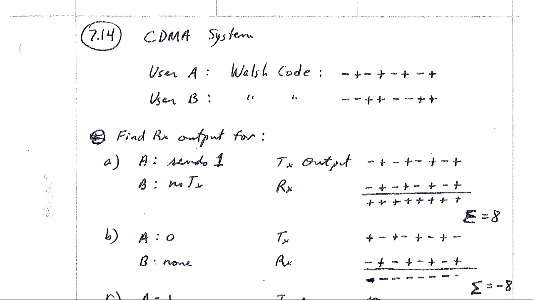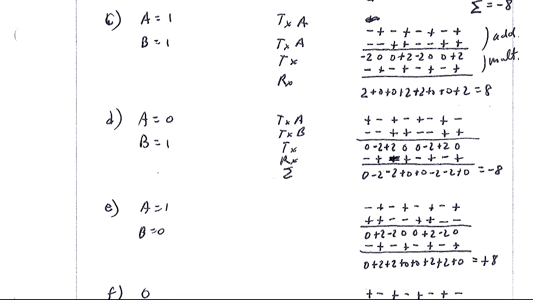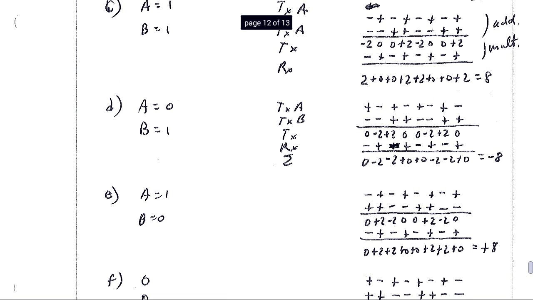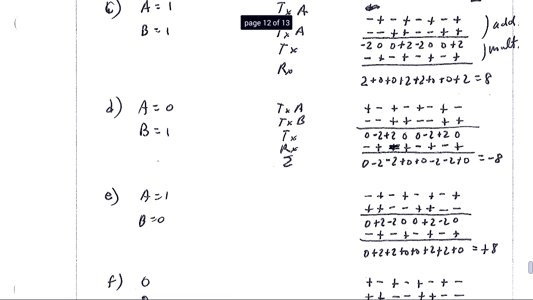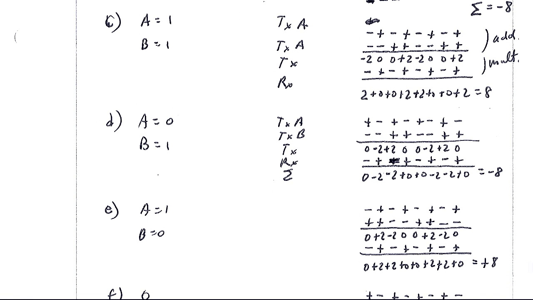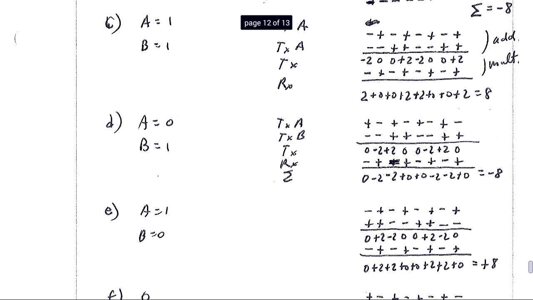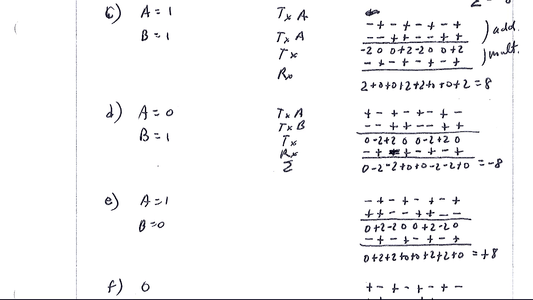Okay. Now it gets more complicated when we start sending more bits, and we have all 4 different combinations in parts C, D, E, and F, where user A and B are sending either a 1, 1, a 0, 1, a 1, 0, or a 0, 0. Okay, and in each case, you go ahead and figure out what was transmitted.